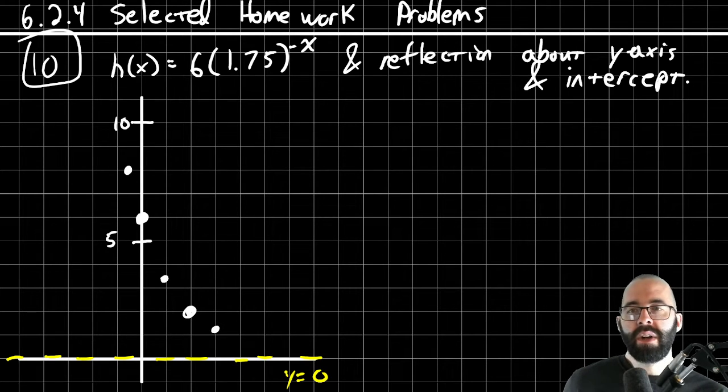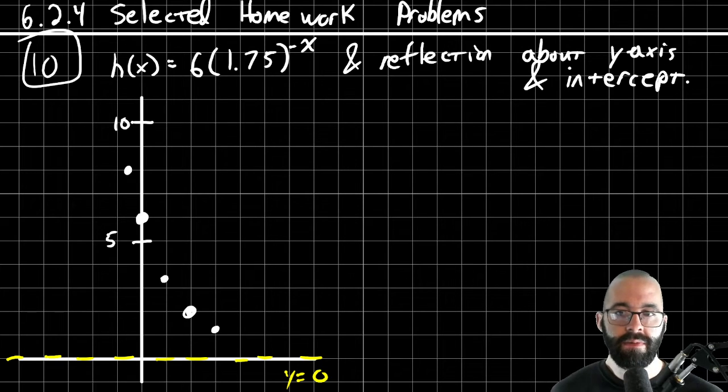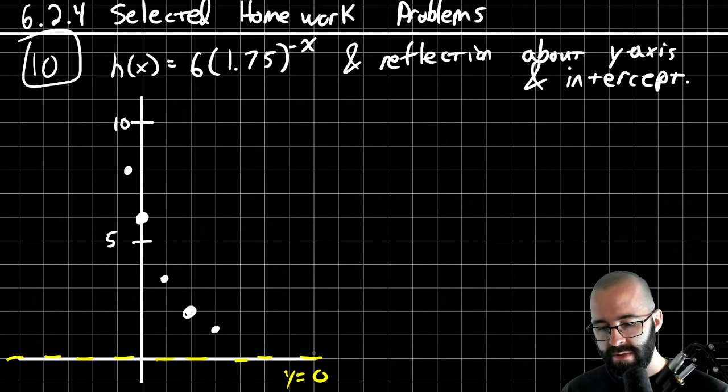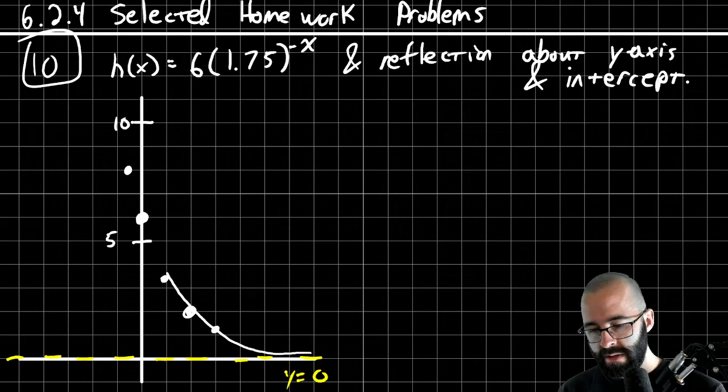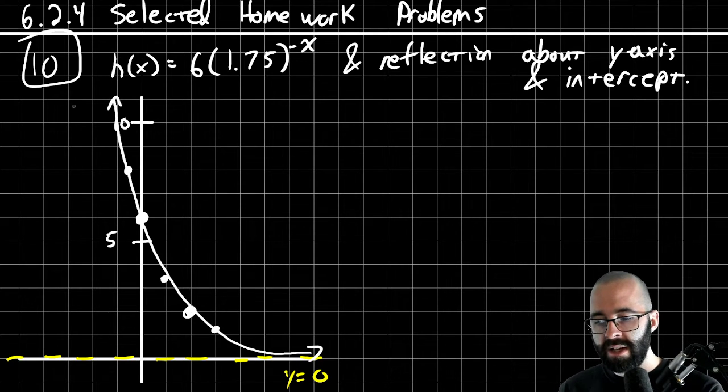In reality, if we wanted to do this exactly, our decay rate is 1.75. Every time x increases by 1, we get divided by 1.75. But since this isn't a super nice number, it's kind of hard to do here. So this is our function, h of x.